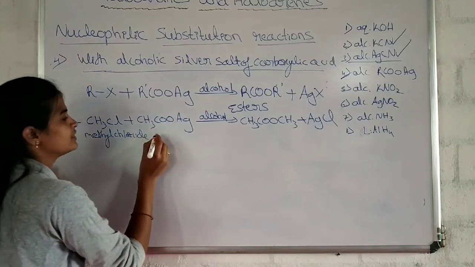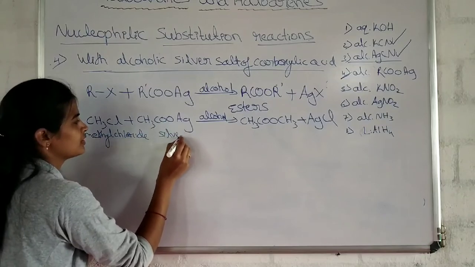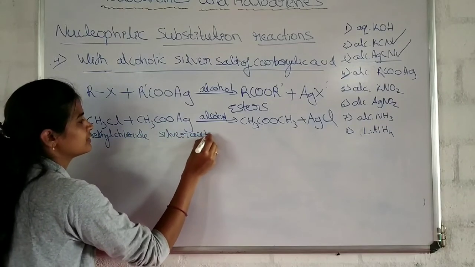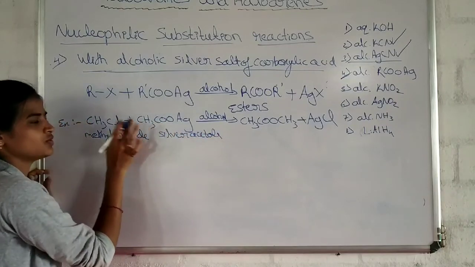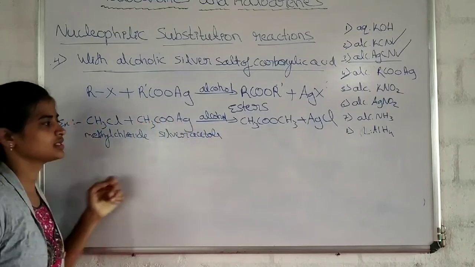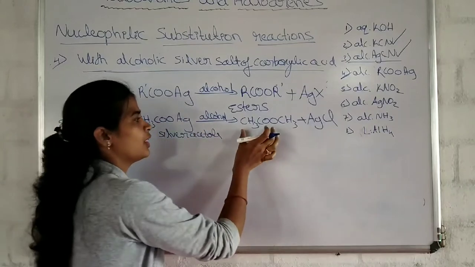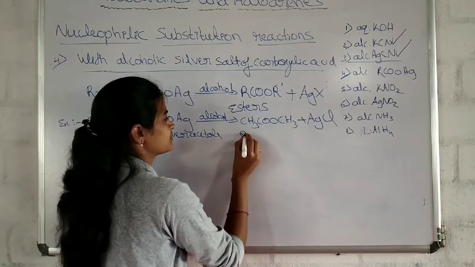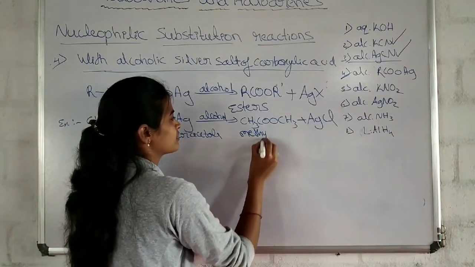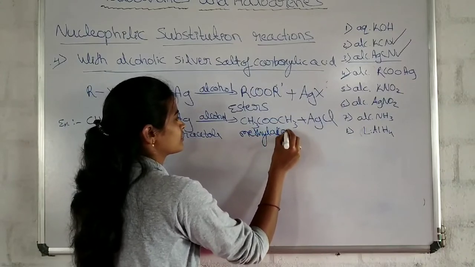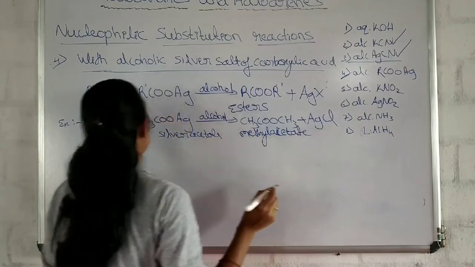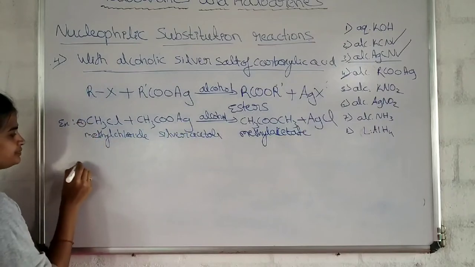Name of this one is silver acetate. See, this is CH3COO, an acetate group to which silver is attached. And it is methyl acetate. We'll move on to the second example.